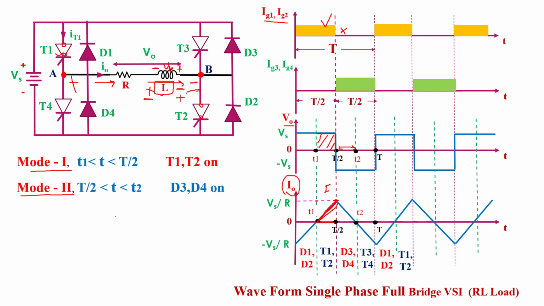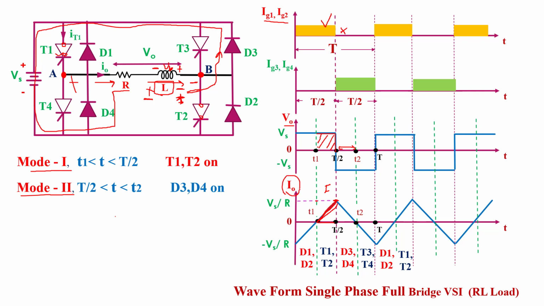So this time current flows due to the inductor in this direction. From the load, the D3 diode will be conducting, then the source and the D4 diode, and back toward the load. So current follows this loop. Therefore, the energy released by the inductor is fed back to the supply voltage Vs.